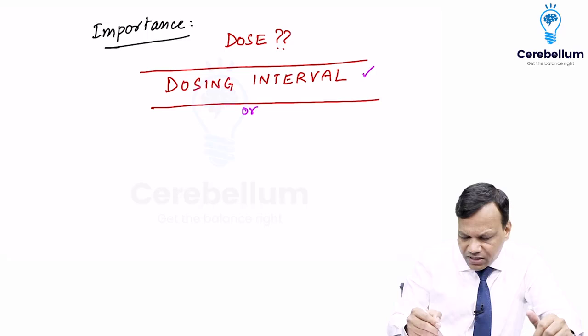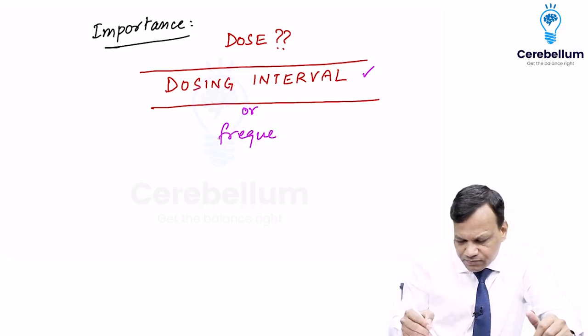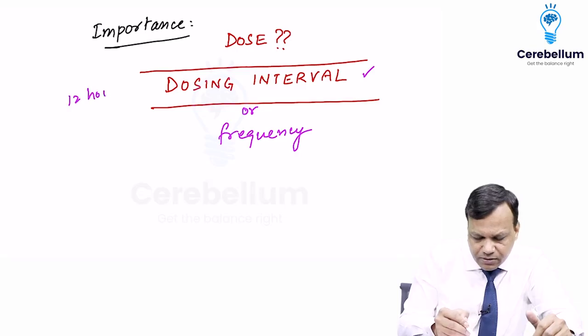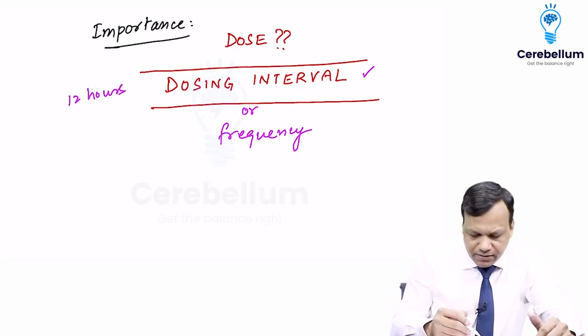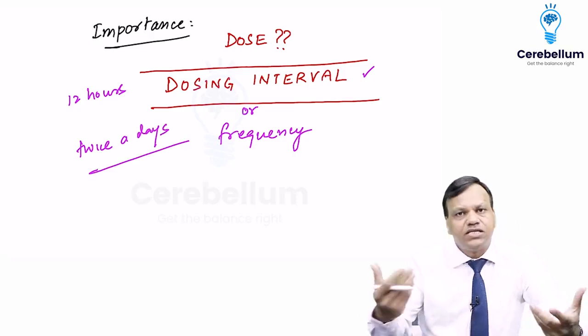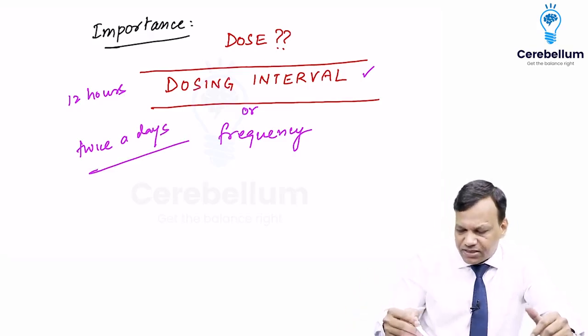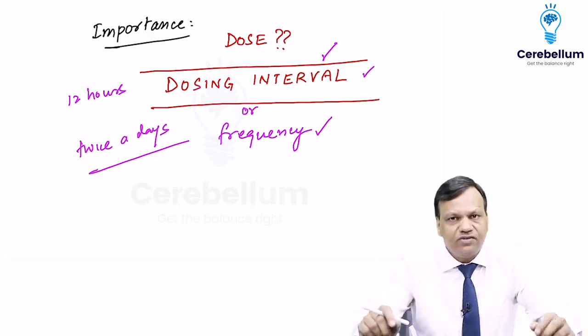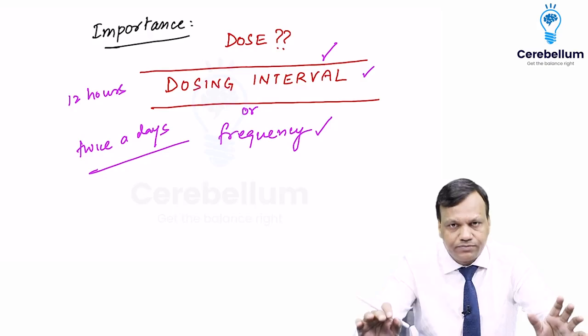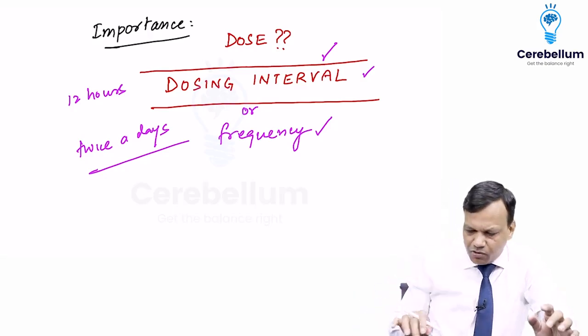Dosing interval is also known as frequency. If we say dosing interval is 12 hours, that means we have to give twice a day. So 12 hours is dosing interval, twice a day is frequency. So half-life tells about dosing interval or frequency. A very important thing is that it does not tell about the dose of a drug. Okay, so that is important about half-life.